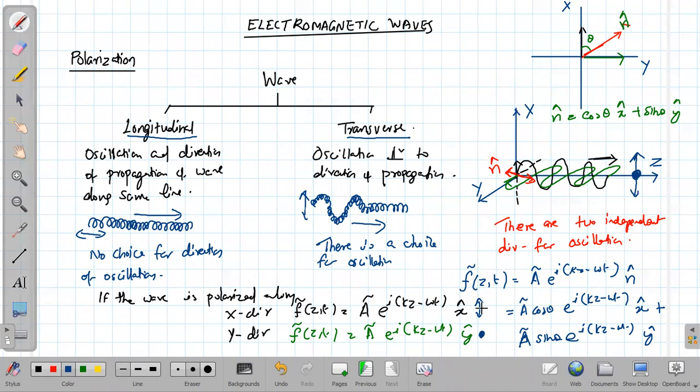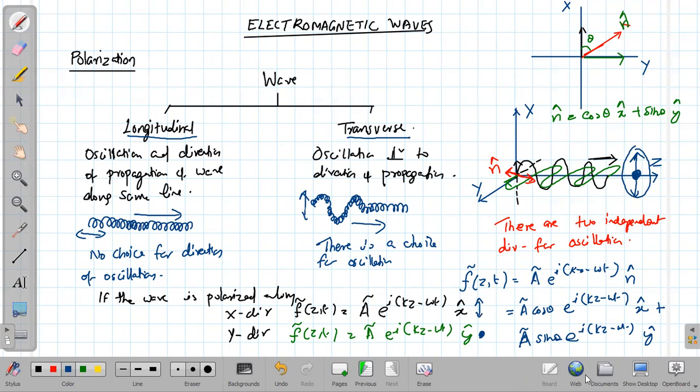So if both oscillations are present, then this would be the symbol, and usually we call it an unpolarized representation. For polarized representation, if the oscillation is confined along one particular direction, then we put either a double-sided arrow or a dot.